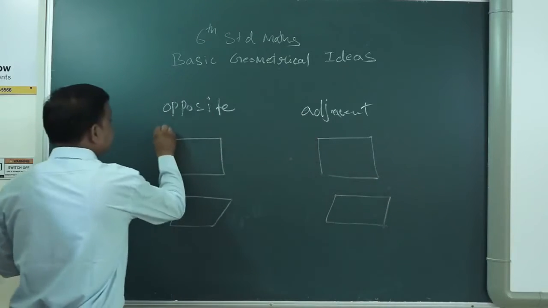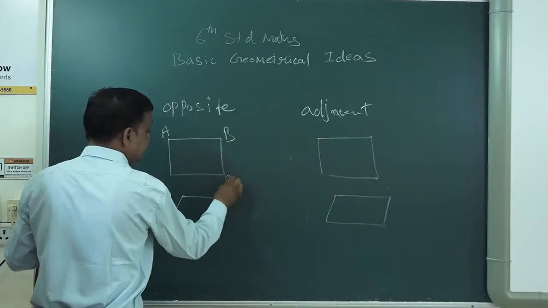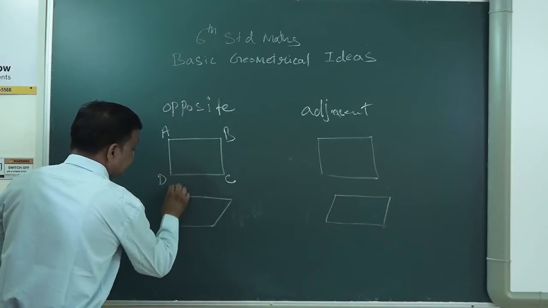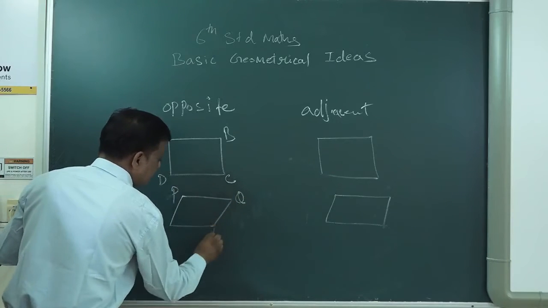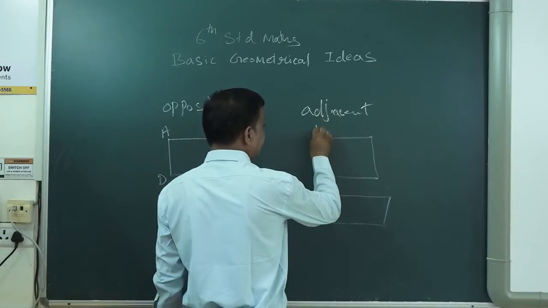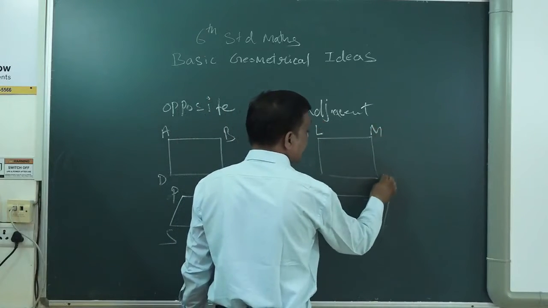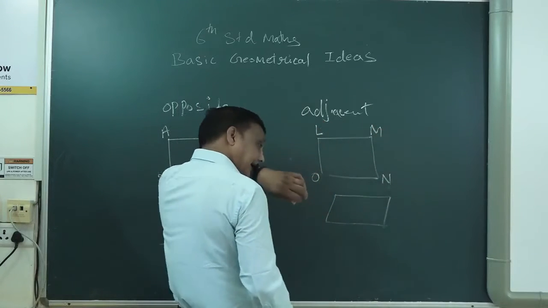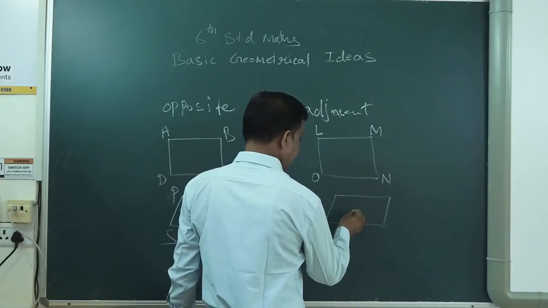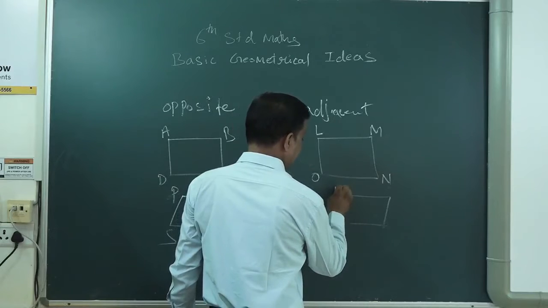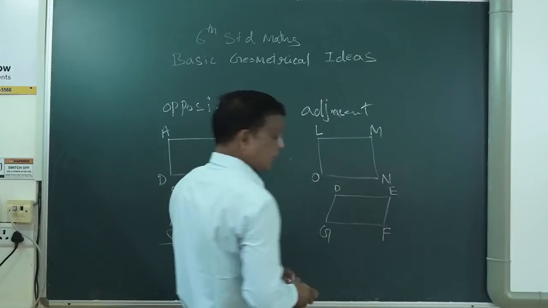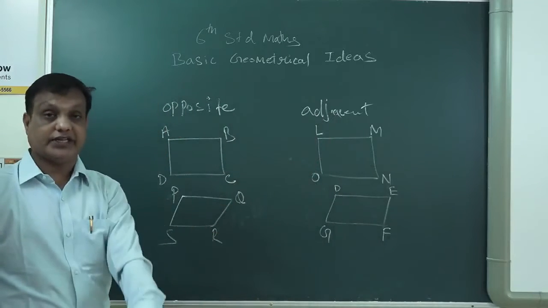Now I have given here the names A, B, C, D. Here also I have given P, Q, R, S, and here we will take some different ones, L, M, N, O, and here we will take something extra, D, E, F, G. I have taken different names so you can understand easily.